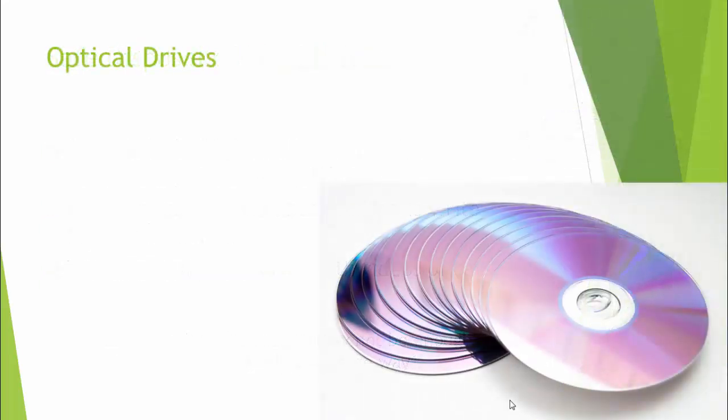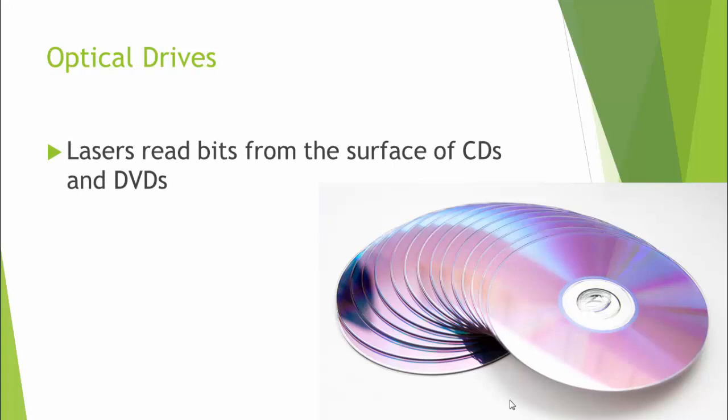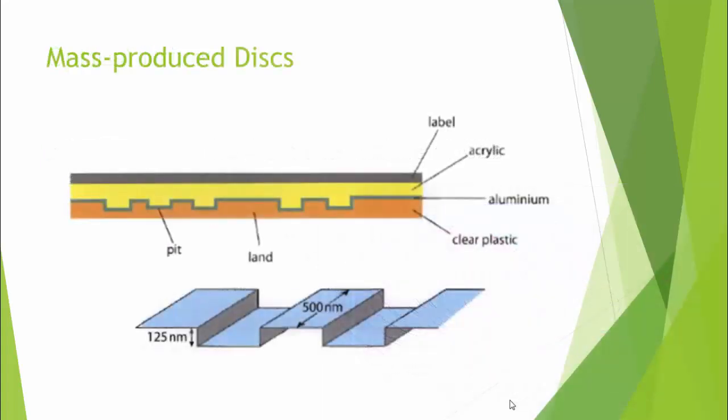There are other ways to store information. So optical drives, while they're not as exciting as they used to be, are still an important way to retain information. Optical drives use lasers to read bits from the surface of CDs and DVDs based on the concept of pits and lands.